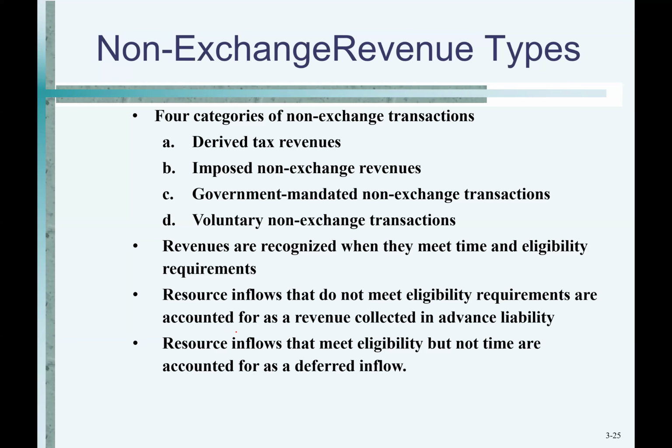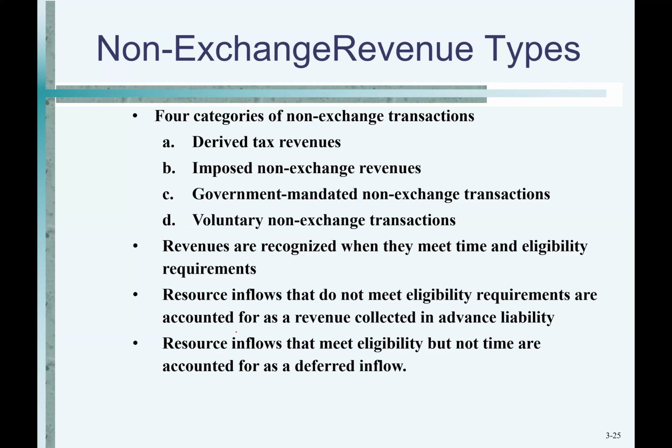Okay, government mandated non-exchange is where the state, let's say, comes down and says, you will do certain environmental procedures, certain environmental cleanups and whatnot, and we're not going to give you an unfunded mandate. Here's the money to do what we're asking you to do. Now, some people say, well, the city, the county doesn't have to comply with that. Well, yes, you do.